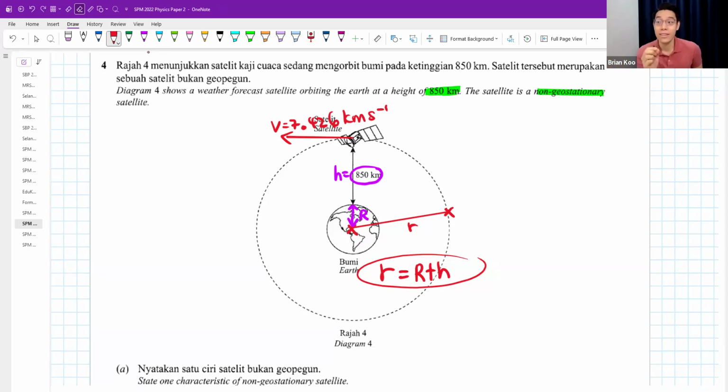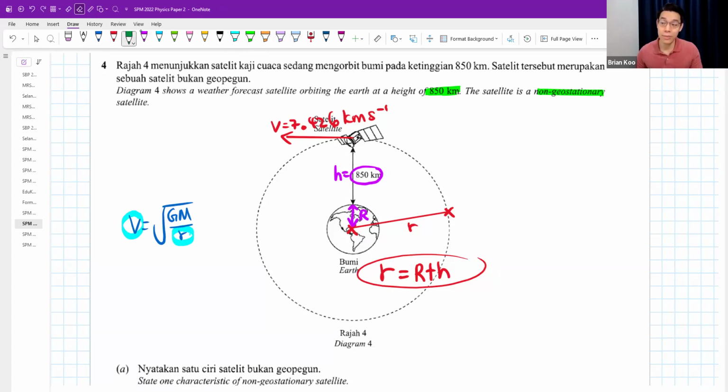And you think about that, 7 km every second. In 1 second, you blink your eye, already travel 7 km. That is how fast the satellite needs to move. Because if it doesn't move this fast, then Earth's gravity is going to pull the satellite back if you move too slow. So the formula v equals square root of GM over r is teaching us that if you want to be at a certain distance, you must be at a certain speed.